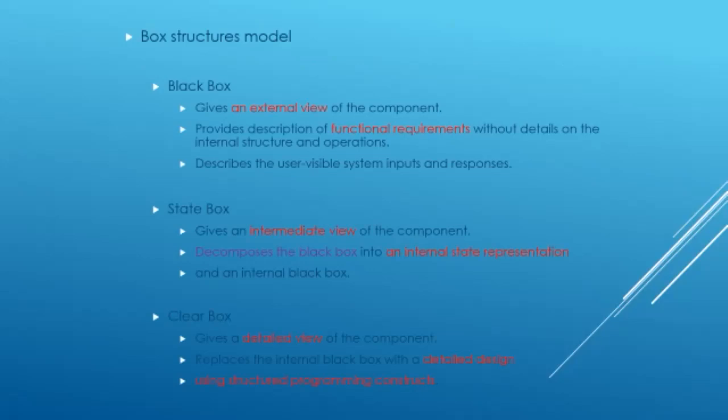The state box gives an intermediate view of the component, decomposing the black box into an internal state representation and an internal black box. The clear box gives a detailed view of the component, replacing the internal black box with a detailed design using structured programming constructs.